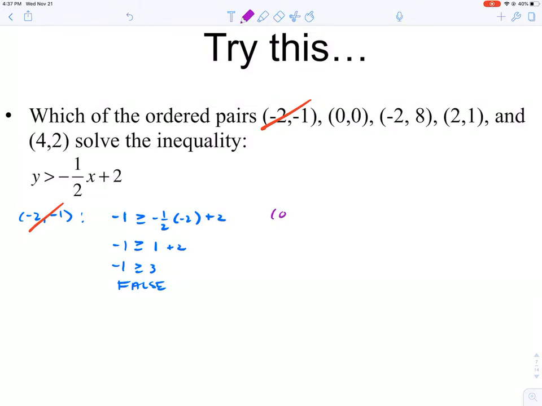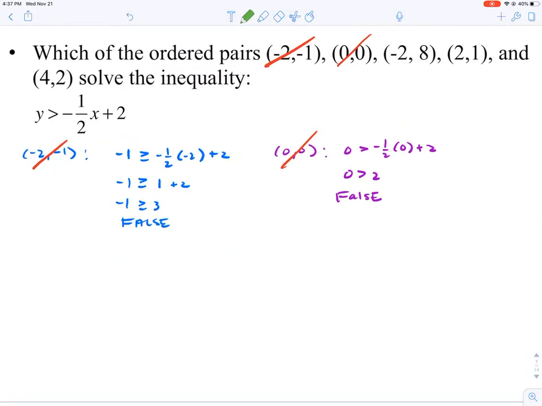If we try 0, 0, well, that's false as well. Therefore 0, 0 is not part of the solution set. Try -2, 8.